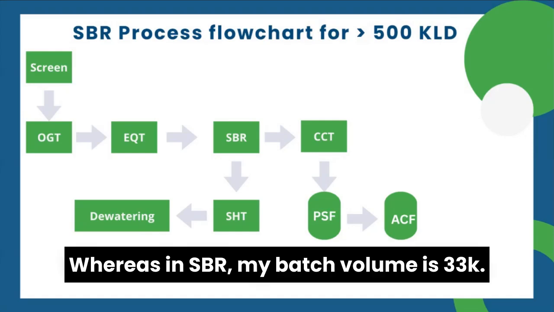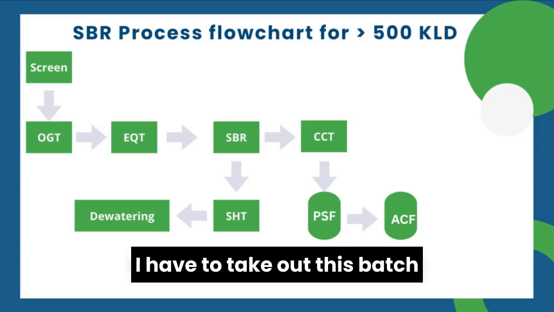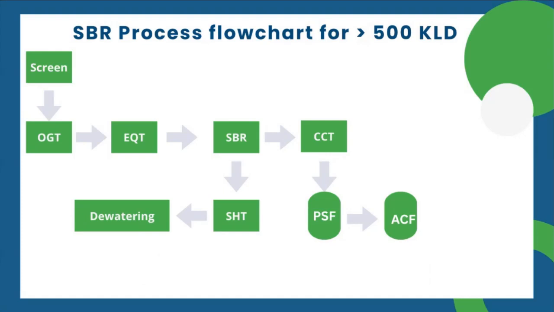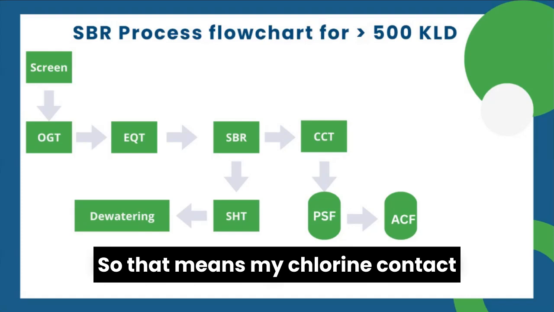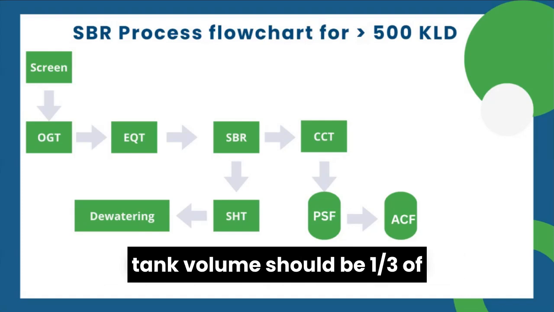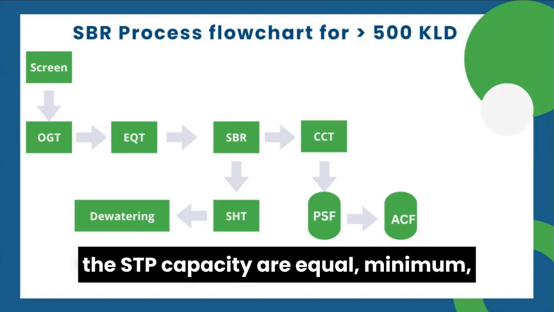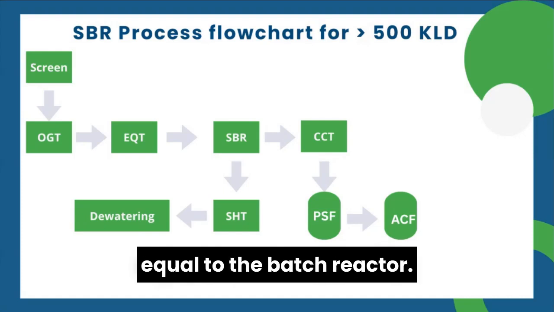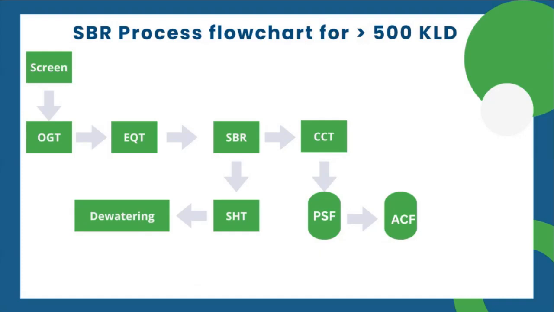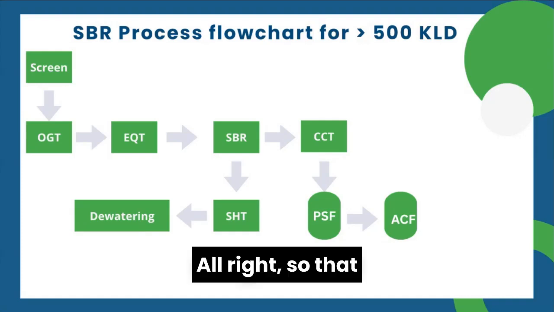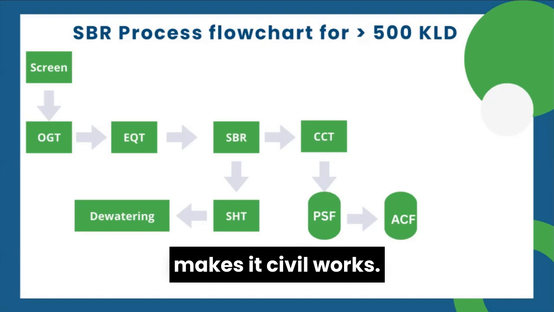Whereas in SBR, my batch volume is 33 kl. I have to take out this batch in less than 1 hour. So that means my chlorine contact tank volume should be 1/3 of the STP capacity or minimum equal to the batch reactor.